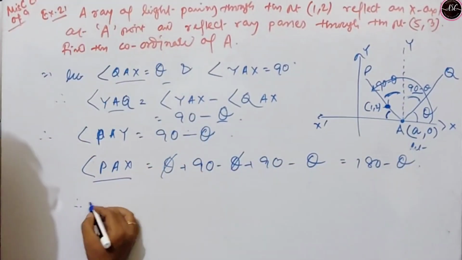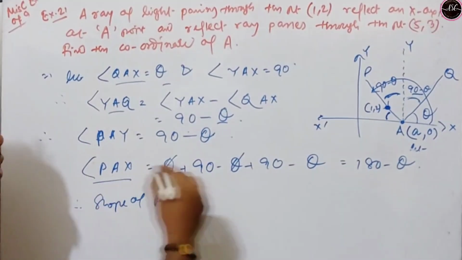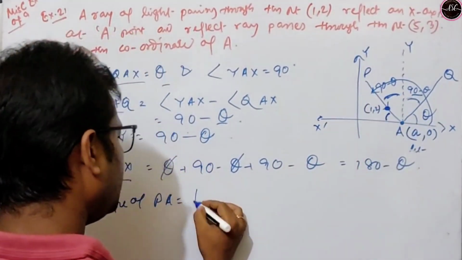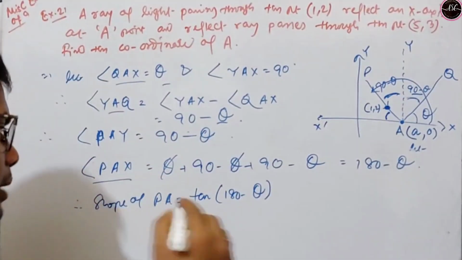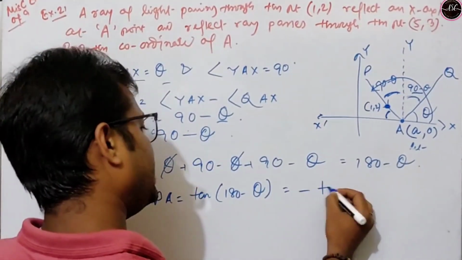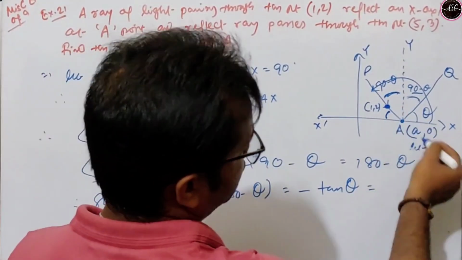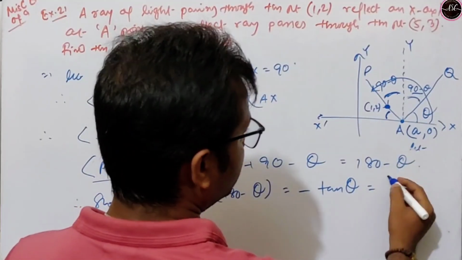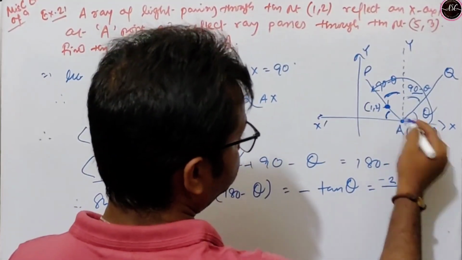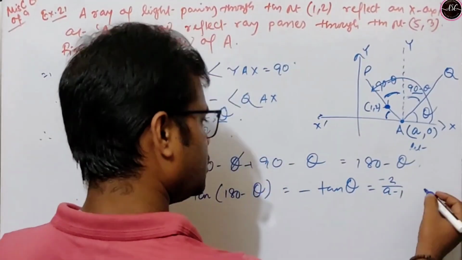Therefore slope of PA equal to tan of 180 minus theta, that means minus tan theta, equal to, just imagine this point, y2 minus y1, that means minus 2, divided by x2 minus x1, that means a minus 1.